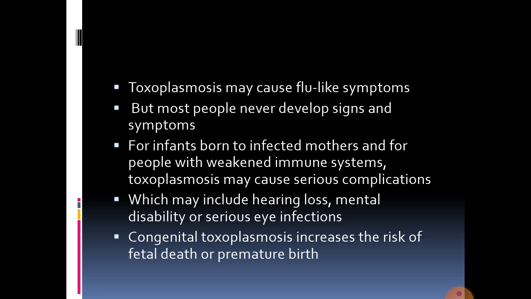For infants born to infected mothers and for people with a weakened immune system, toxoplasmosis may cause serious complications which may include hearing loss, mental disability or serious eye infections. Congenital toxoplasmosis increases the risk of fetal death or premature birth.